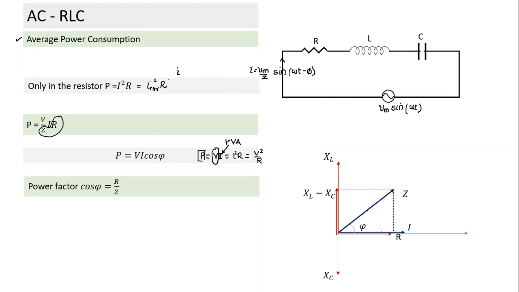For transformers, you'll often see the capacity written in VA and kVA, because that indicates the power it can transfer. But the actual consumption may not be VI. It depends on the load: in addition to resistance, some units may have an inductor or capacitive property also. So cos phi indicates the power factor. Without going into too much detail, power is equal to VI into cos phi. So I can calculate power in this fashion.